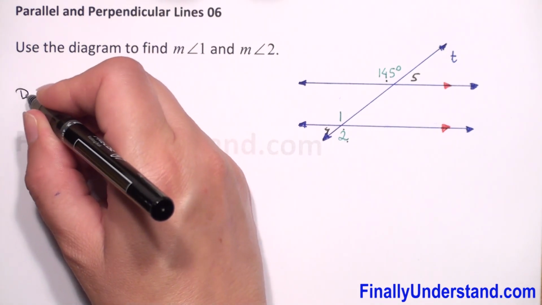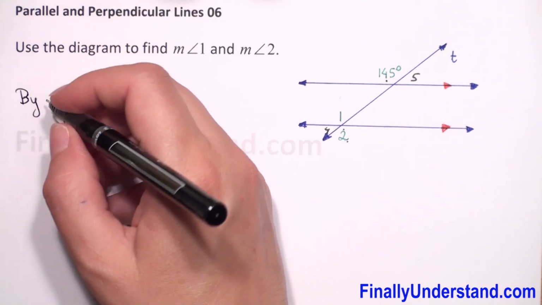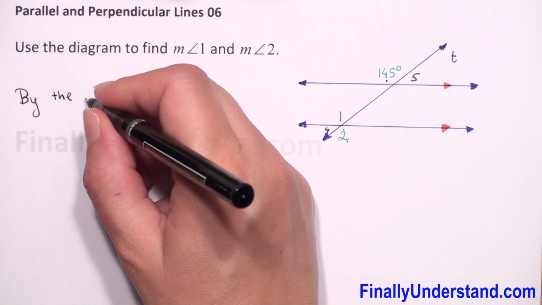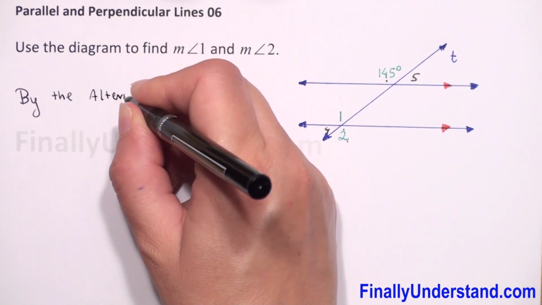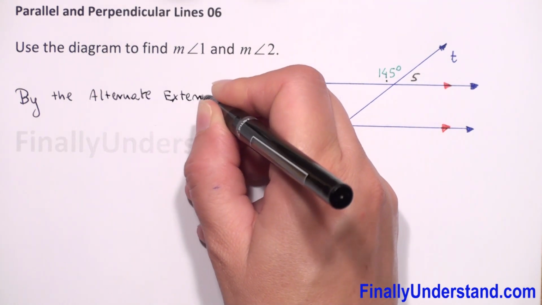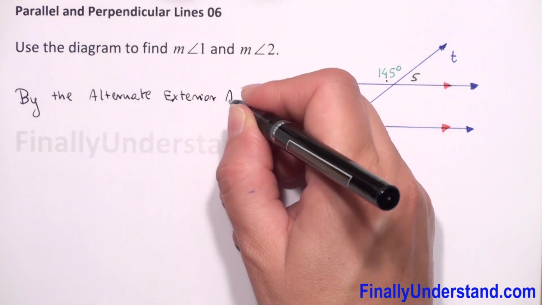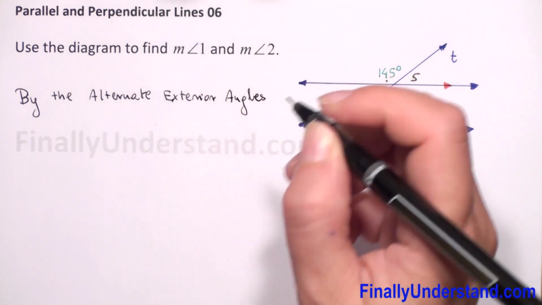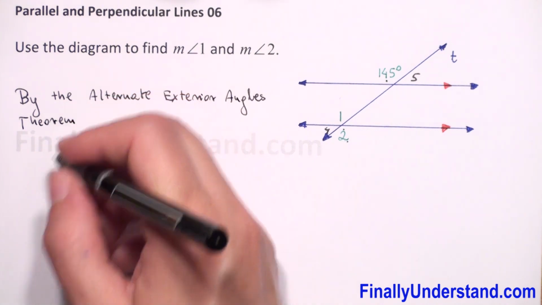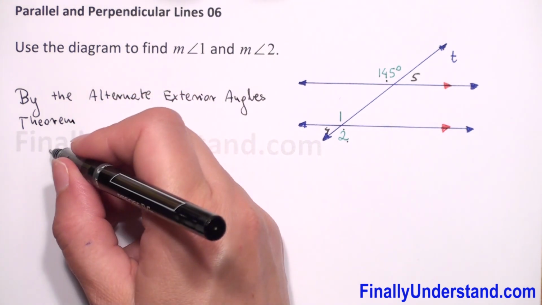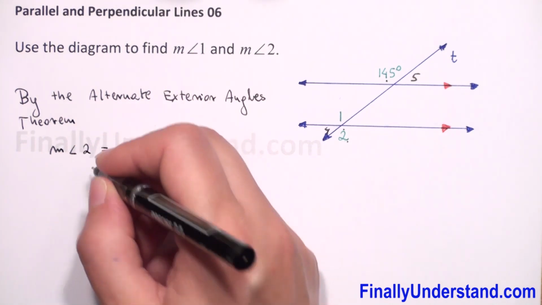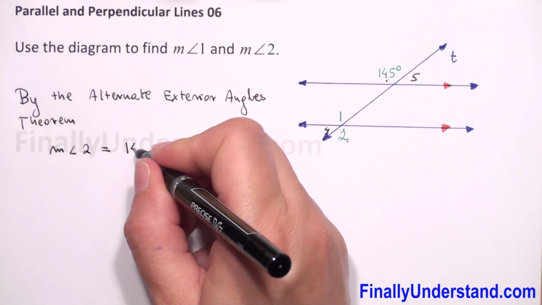So by the alternate exterior angles theorem, we have that the measure of angle 2 is equal to the measure of angle 145.